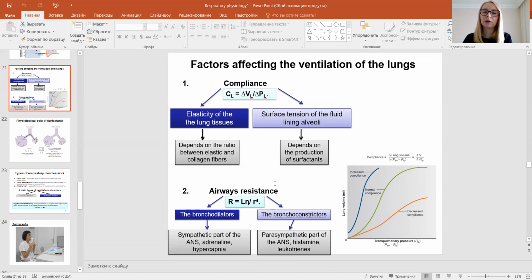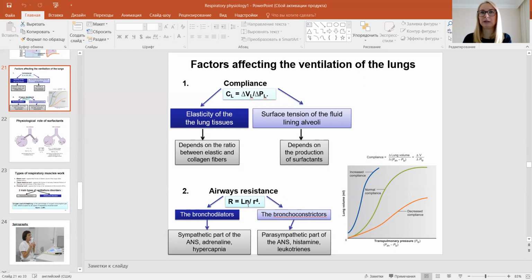The second factor affecting ventilation of the lungs is airway resistance. The bronchial radius has the greatest influence among all the factors affecting the air resistance, because as you see from this equation, the length of the bronchi remains constant and air viscosity changes insignificantly in the normal state.